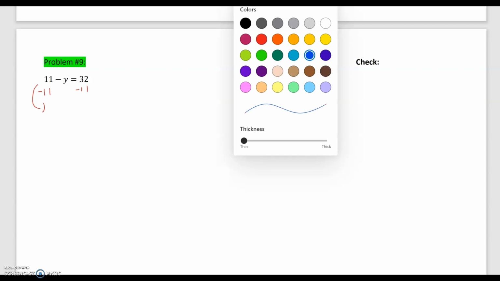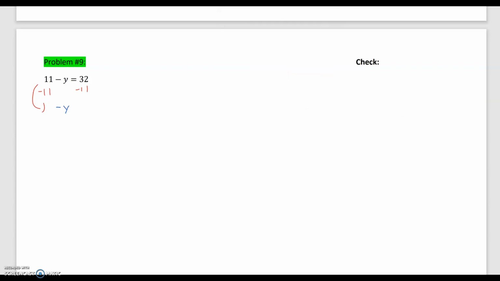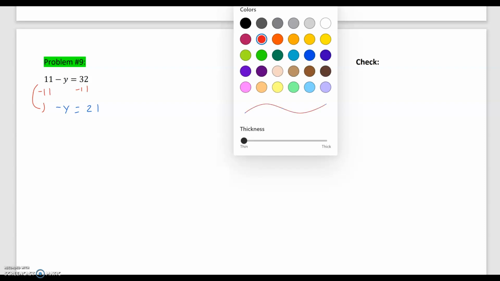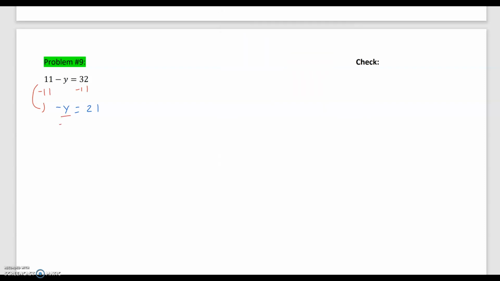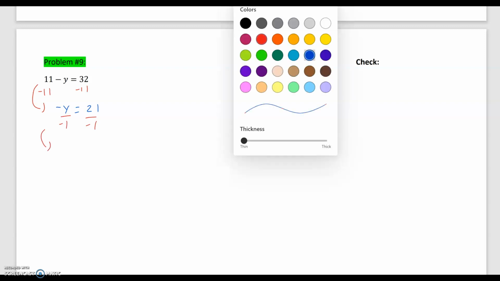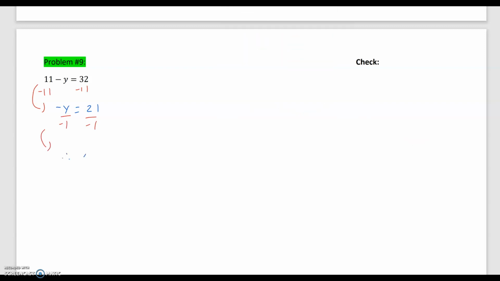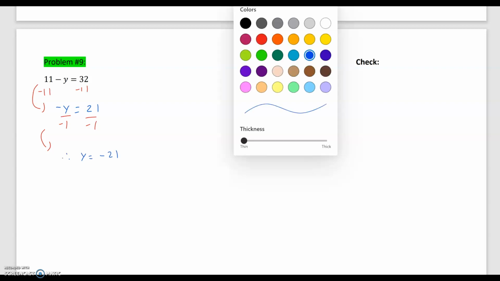So this leaves us with negative y is equal to positive 21. And then we'll carry out a division of a negative 1. So our final solution is that y is equal to negative 21.